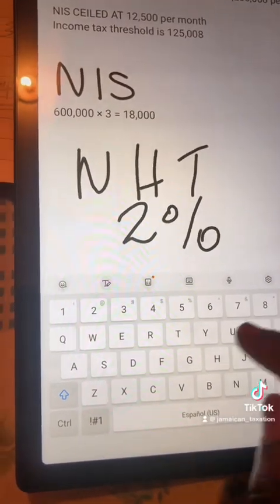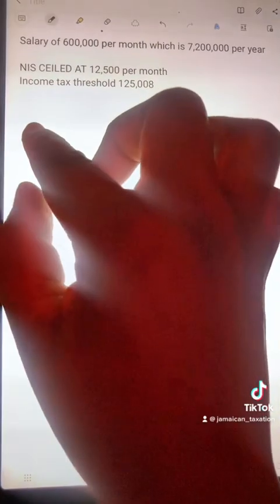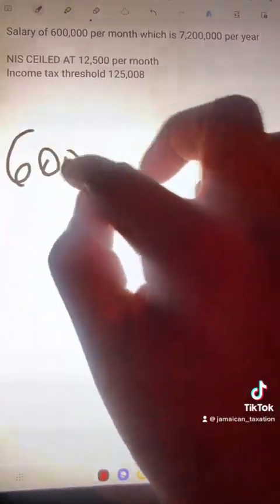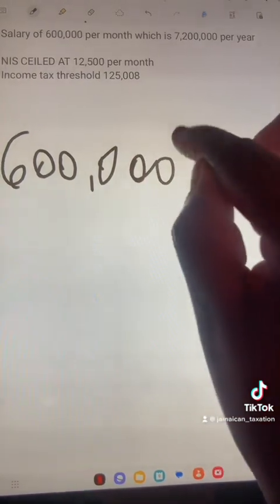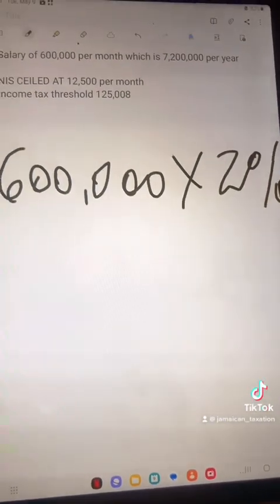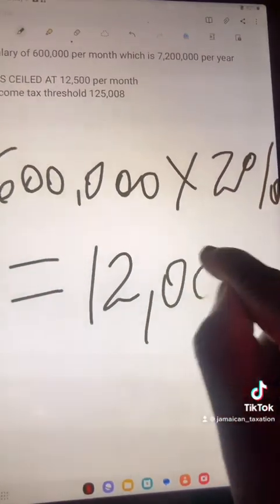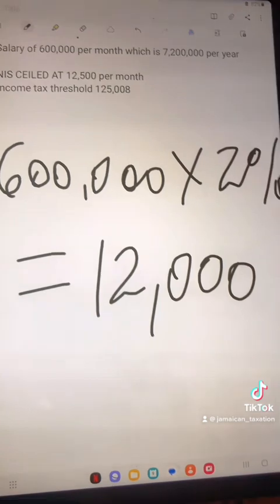NHT is 2% of your gross salary. So that's the $600,000 times 2%, right? Which gives us $12,000, right? Fine.